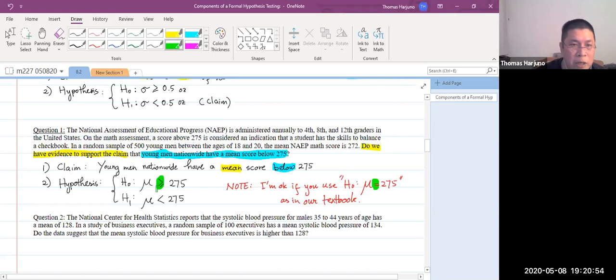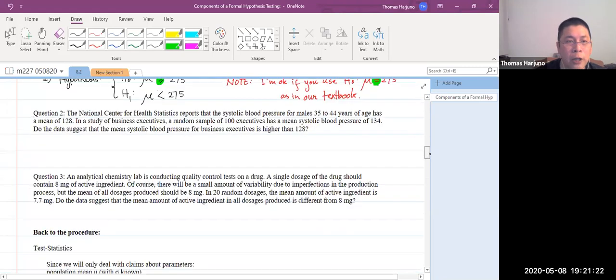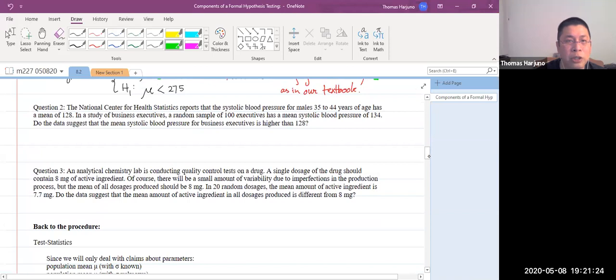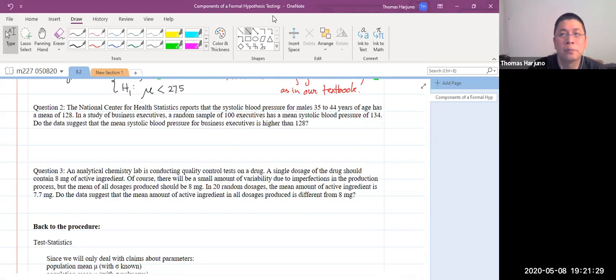My opinion is I want to keep them complements of each other, such that the claim is either true or false, and it will belong to either the null hypothesis or the alternate hypothesis. However, the newer generation, the ones who use the equal sign, have their own reason too, which we will see in step 3 later. Now let me ask you to try question 2 and question 3. I will give you 5 minutes from now.